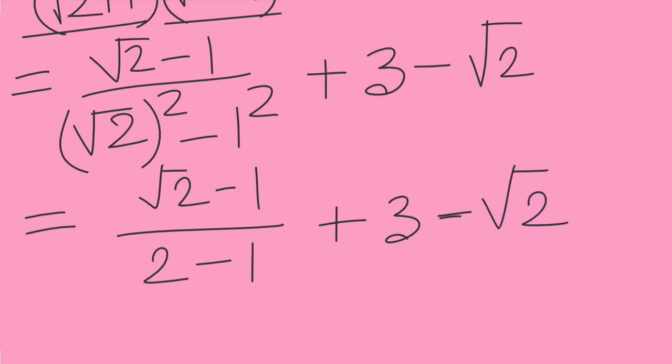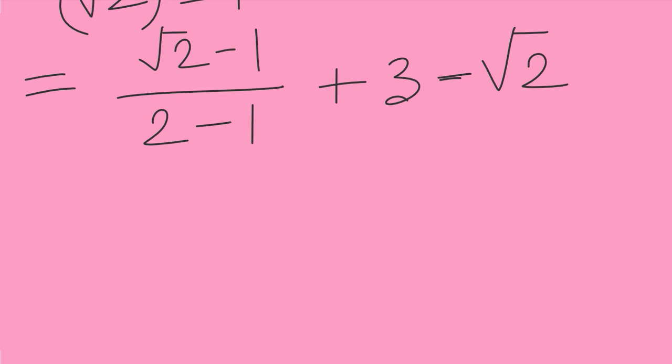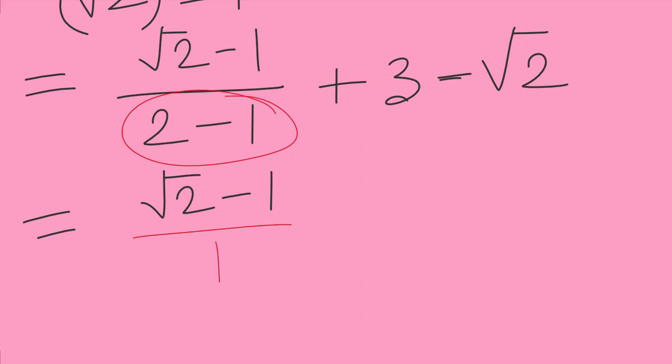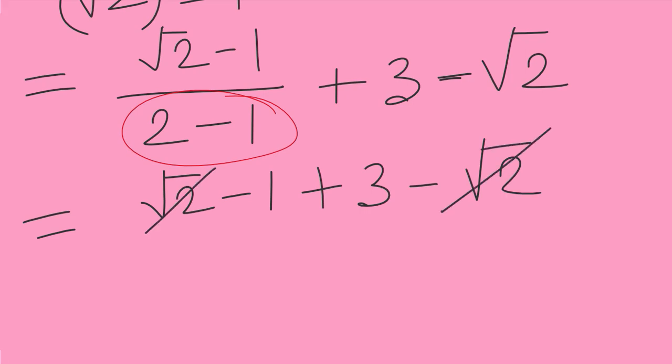Then you have root 2 minus 1 divided by 1. Now 2 minus 1 is equal to 1, so we are not writing this divided by 1. We just keep root 2 minus 1, and then we have plus 3 and then minus root 2. So plus root 2 and minus root 2 get cancelled, and you have 3 minus 1, which is equal to 2.